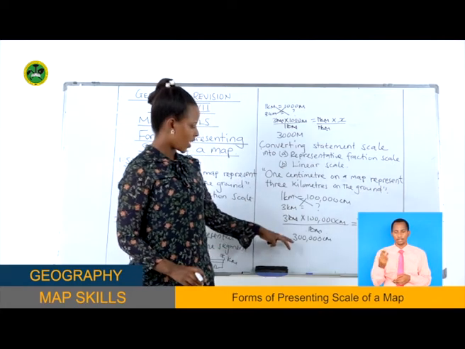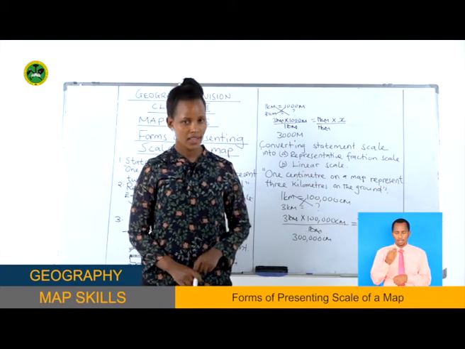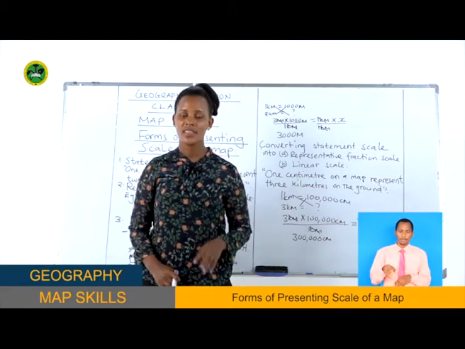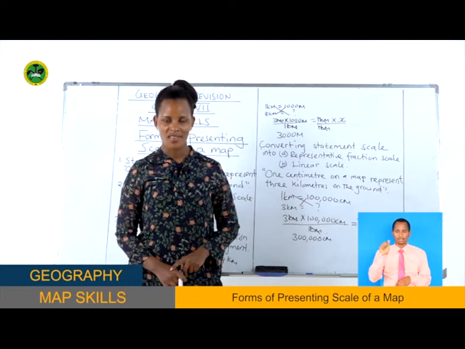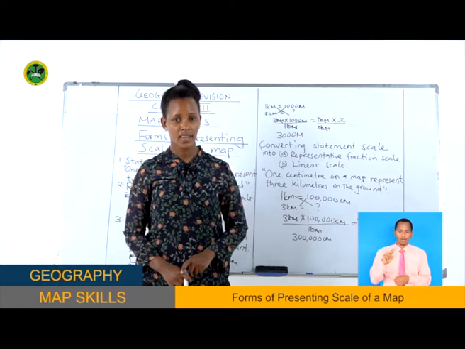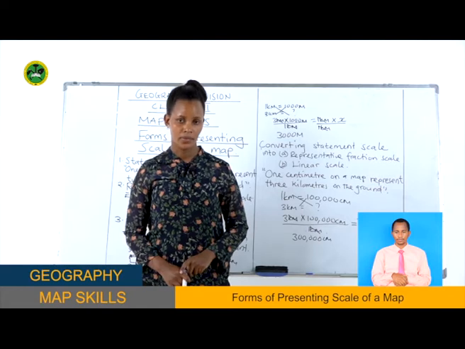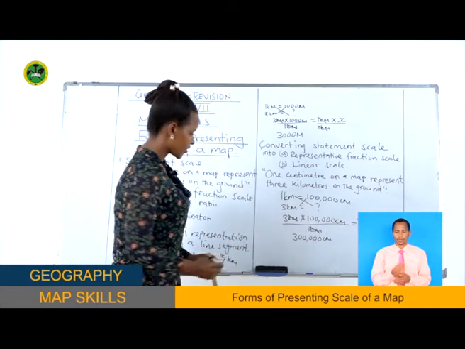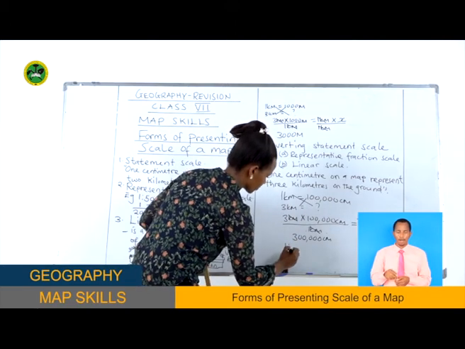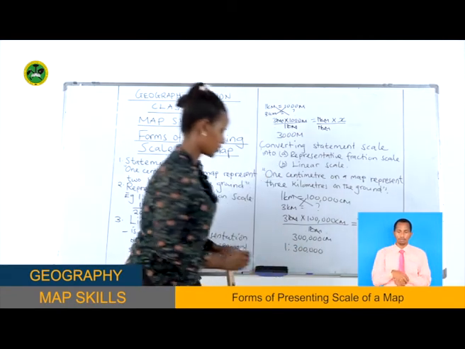Now, ask yourself, is this the proper way of writing RF scale? The answer is no. RF scale should be written as a fraction or as a ratio. And in RF scale, the metric unit of the length is not supposed to be written. So RF should read 1 ratio 300,000.